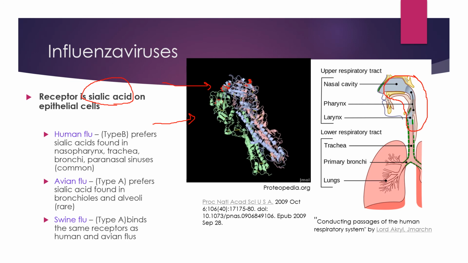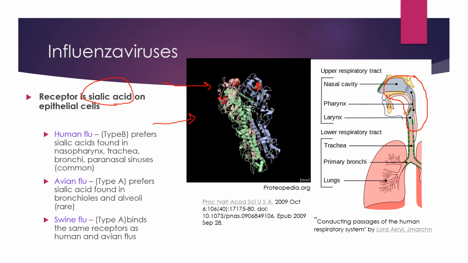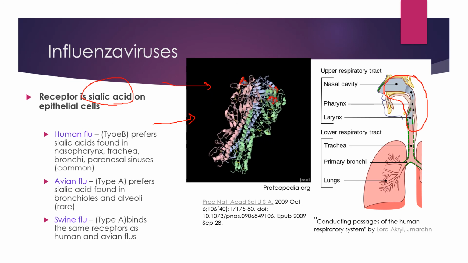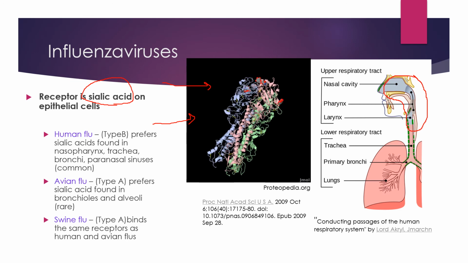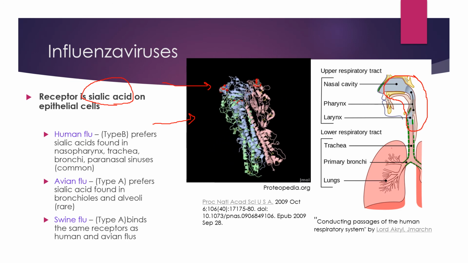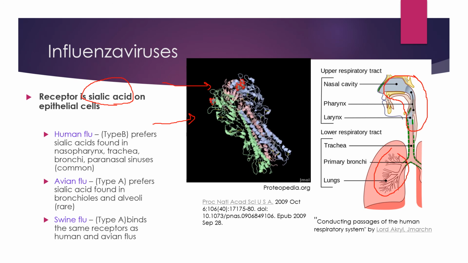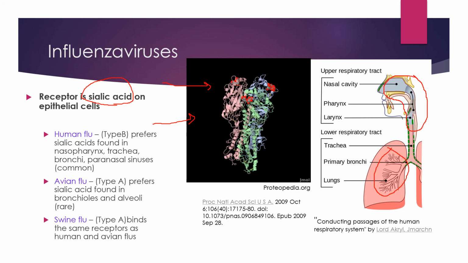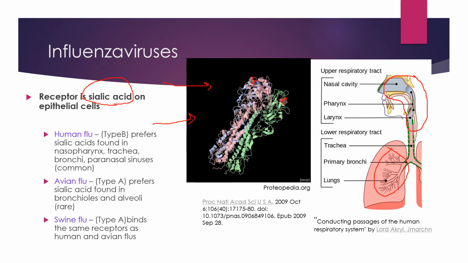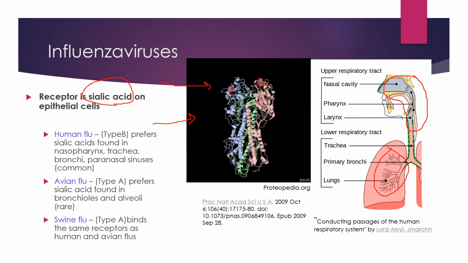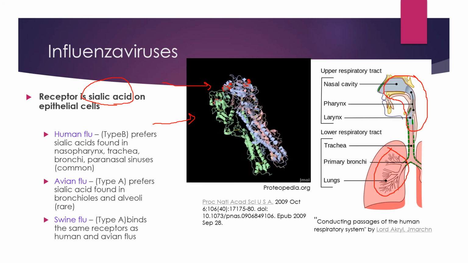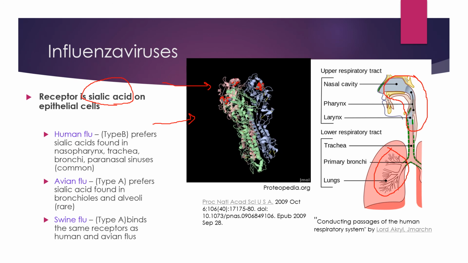So they prefer the sialic acids on the alveoli and the bronchioles, so out in here. This may be why your avian flus are more associated with the more severe complications like bronchitis and pneumonia.